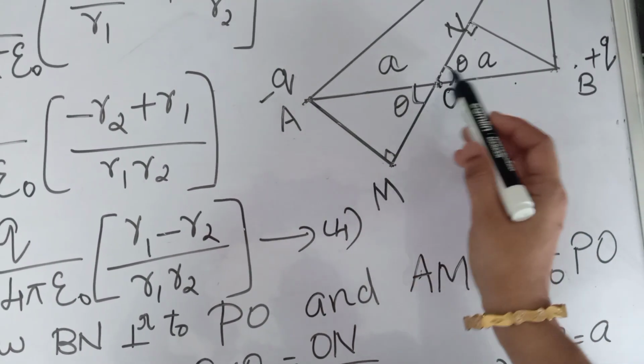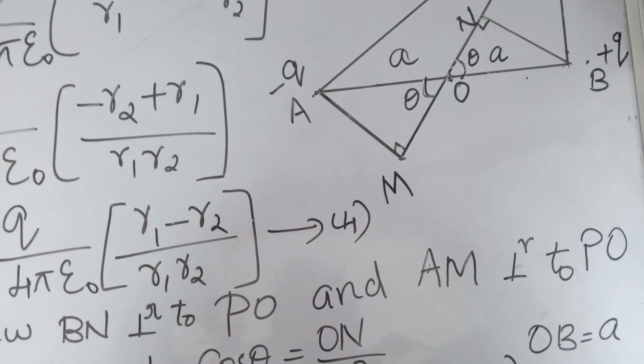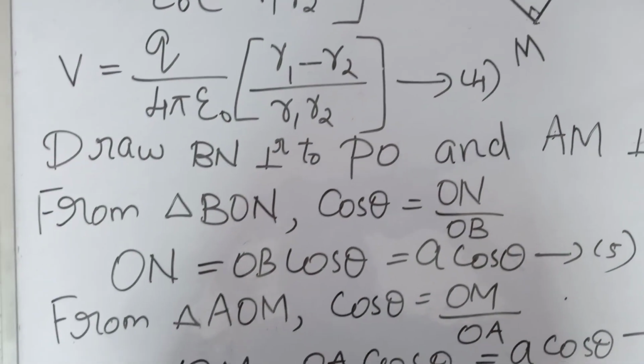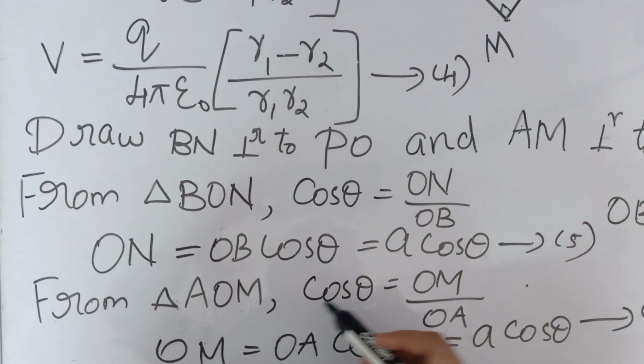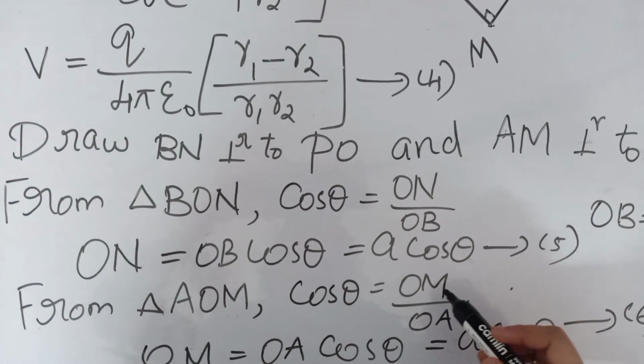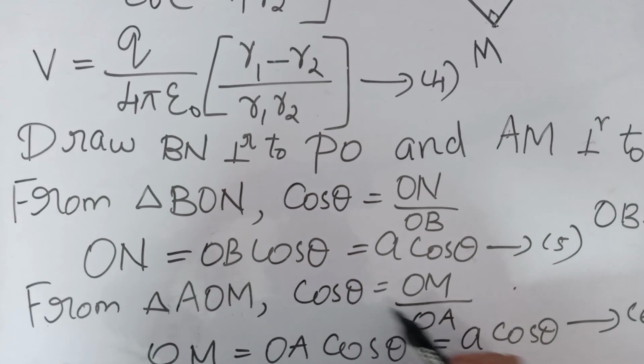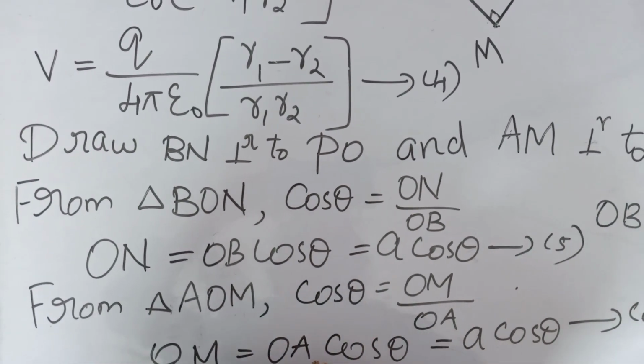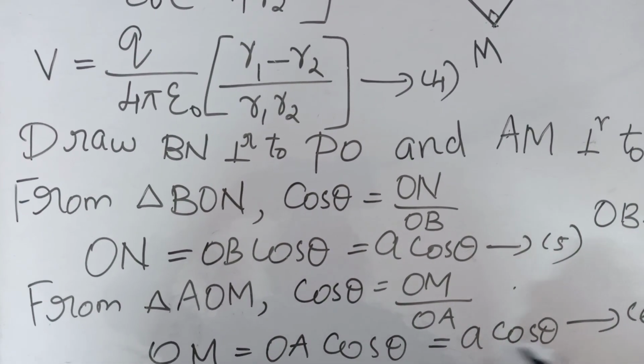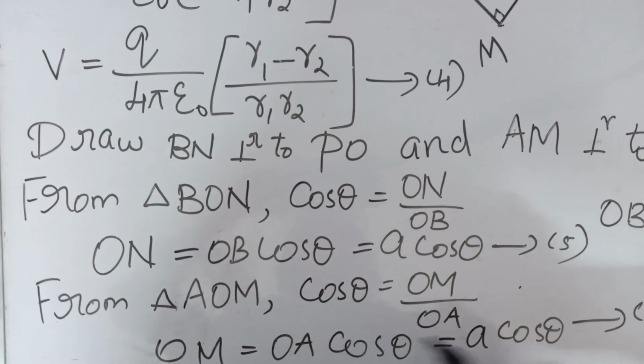OA is equal to A, then what will come? Triangle OAM or AOM. Cos theta is equal to OM divided by OA, then OM will be equal to OA cos theta. Clear? So OM can be written as A cos theta because OA is equal to A.